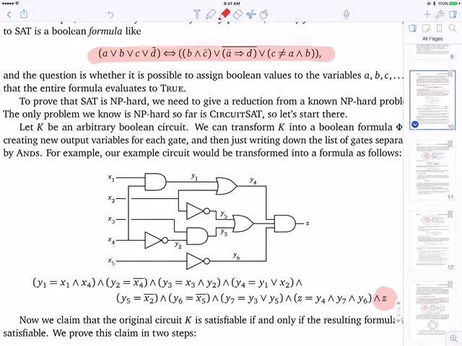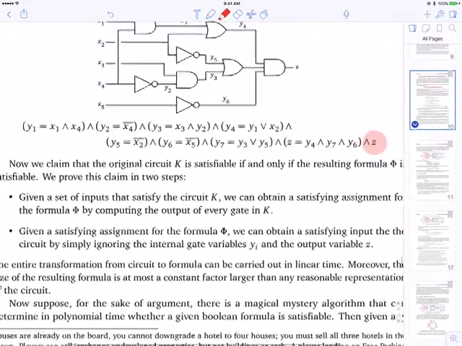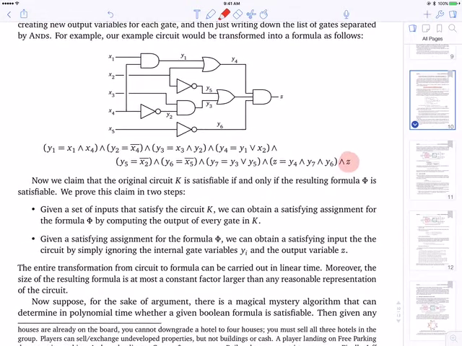So what I've done is an example of a reduction. This is exactly the same as reducing, can I get a bunch of people from Earth to Fillory, to maximum flow? I've reduced circuit SAT to formula SAT. And like any other reduction, I need to give a proof.